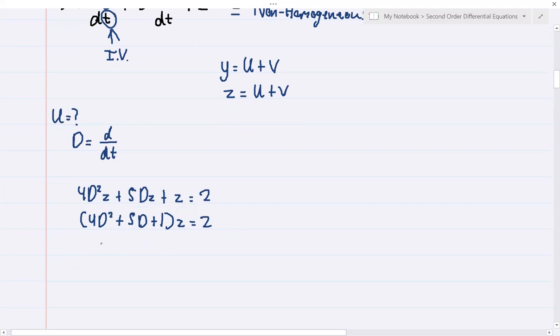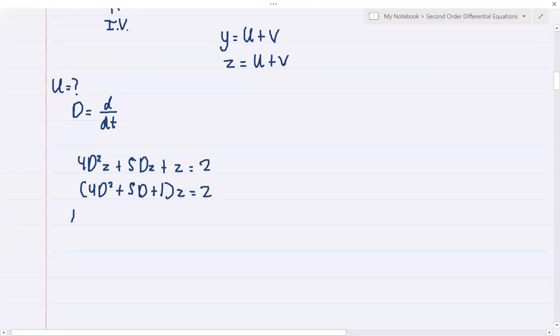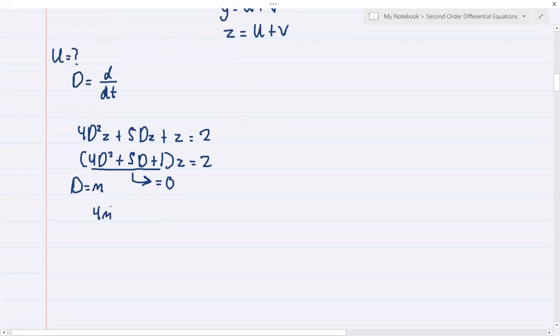Next, we're going to substitute your d as your m to find your auxiliary equation, and equate the expression to 0. So we will have 4m squared plus 5m plus 1 is equal to 0. This is your auxiliary equation.